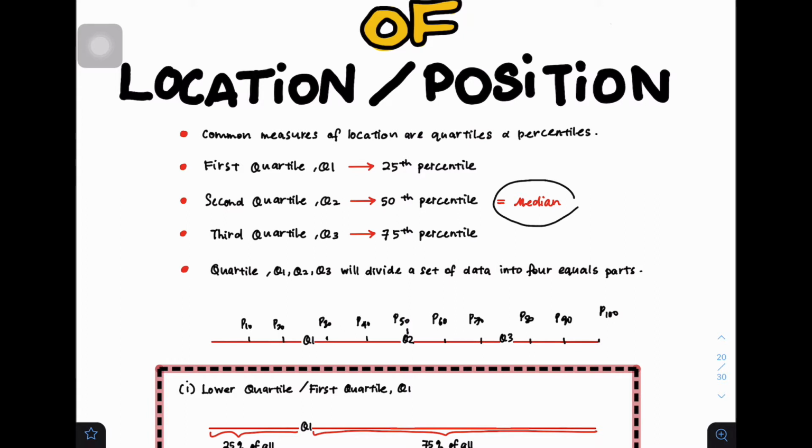Okay, because percentile ni macam percentage 100%. So the whole data is 100.